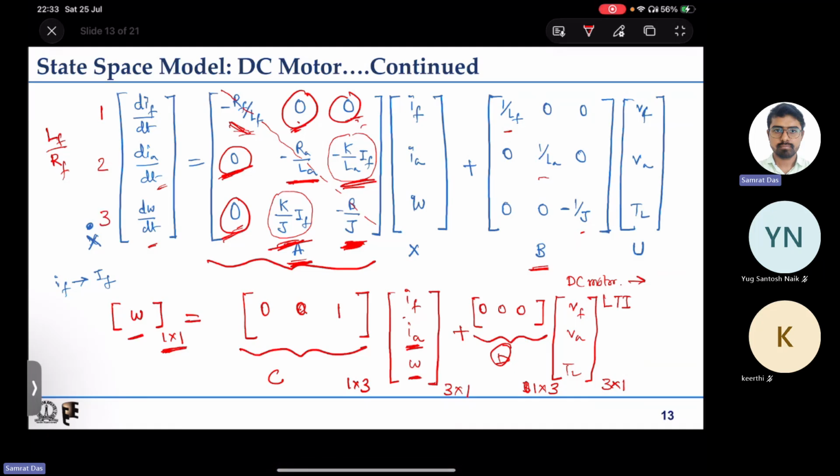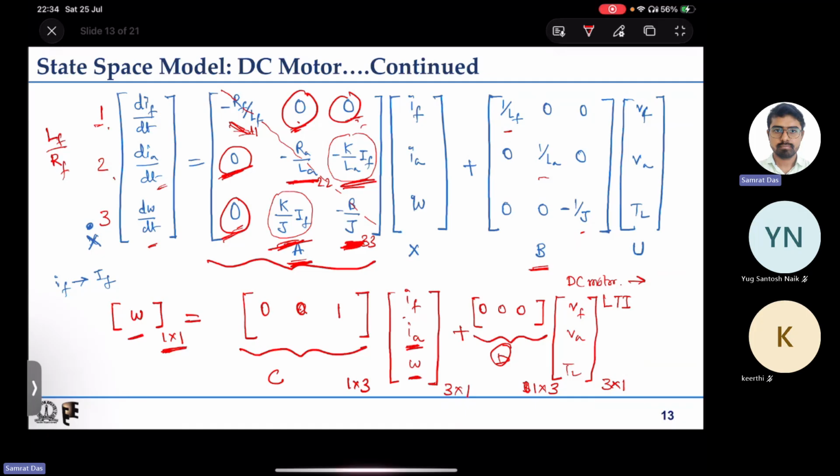So element 1 1 represents the reciprocal of the time constant of the first one, 2 2 represents the reciprocal of the time constant of the armature one, and 3 3 represents the reciprocal of the time constant of the mechanical one.